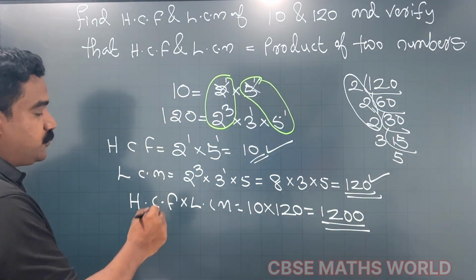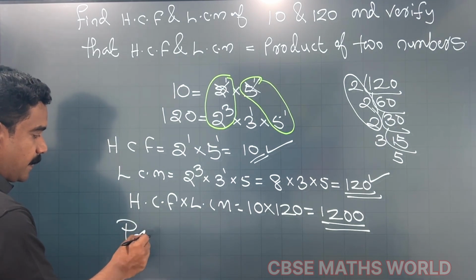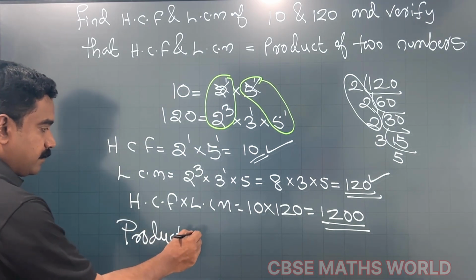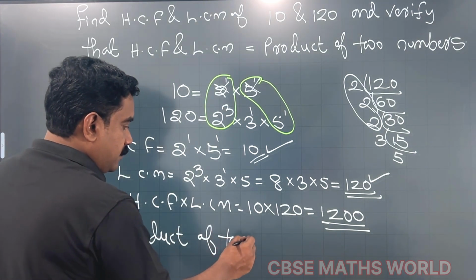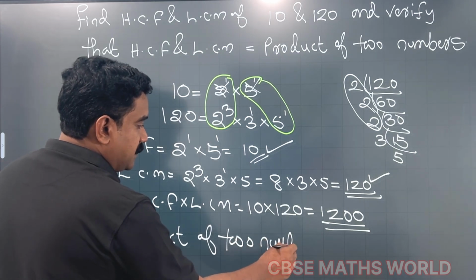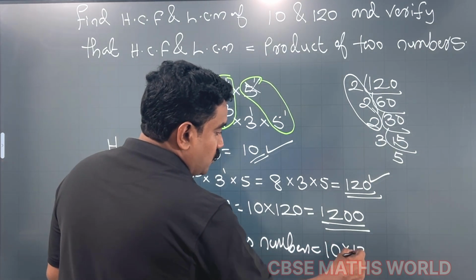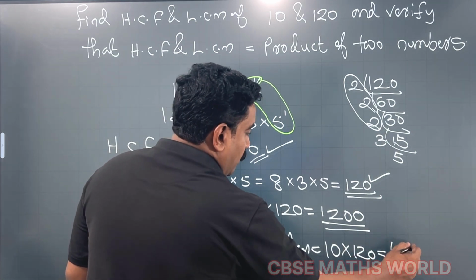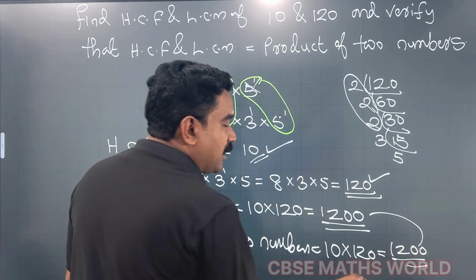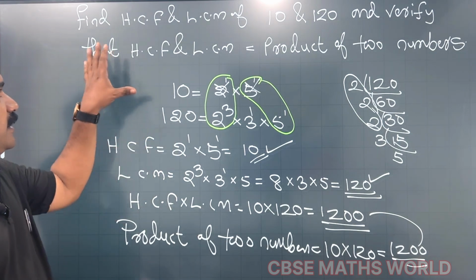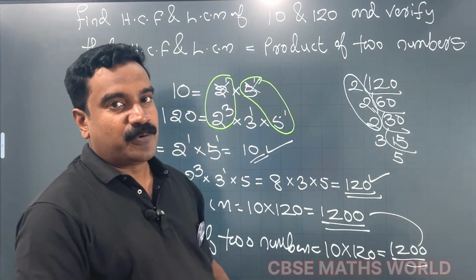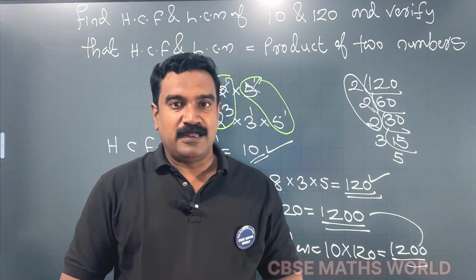And the product of two numbers is 10 into 120, that is also 1200. Look here, both are equal. So you can verify that HCF into LCM equals the product of two numbers. Hope it is clear to everyone.